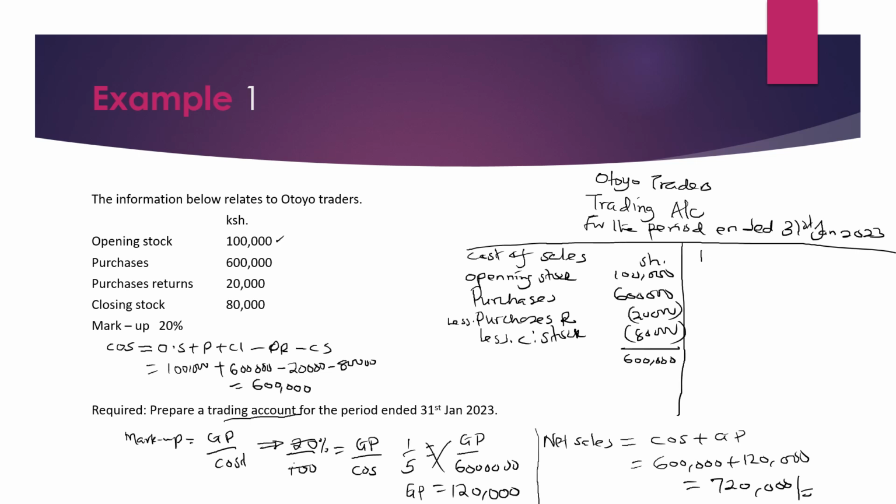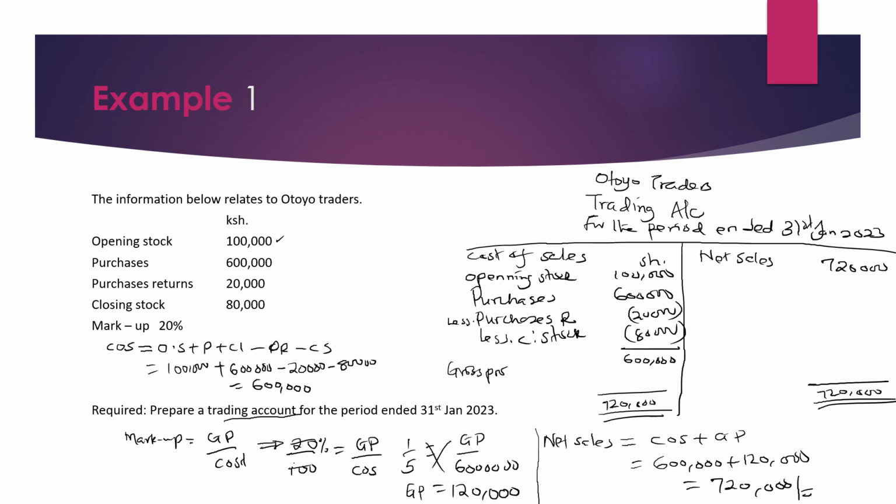Then on the other side, we have got the net sales. What's the net sales? The net sales is 720,000. Now, what's the balancing figure here? The account is going to balance at 720,000. And now we have the gross profit.